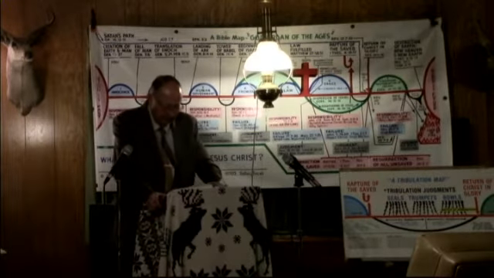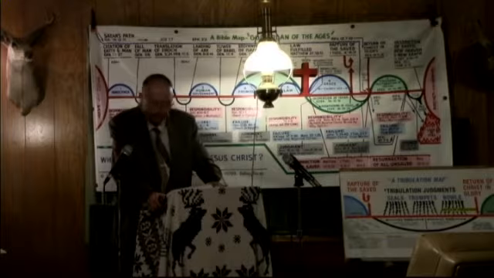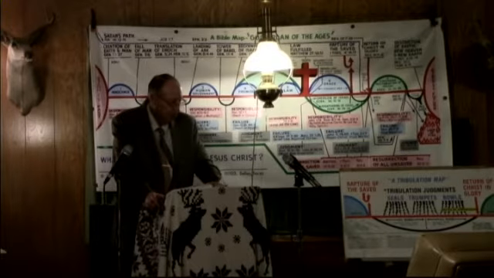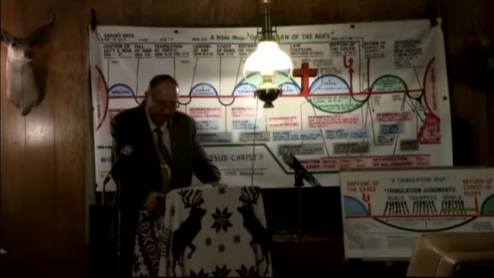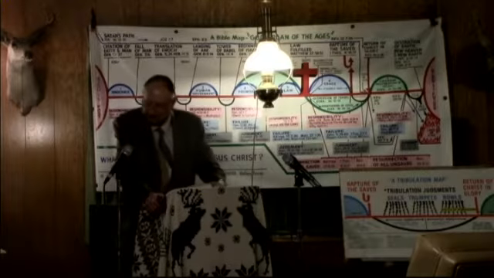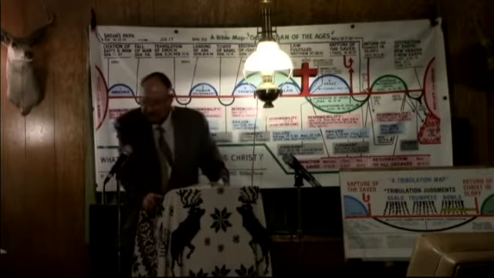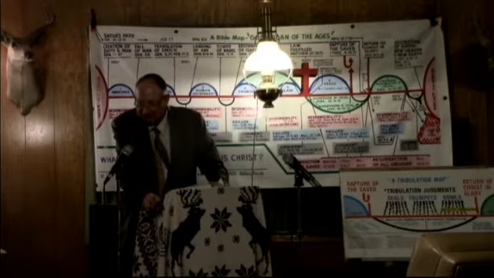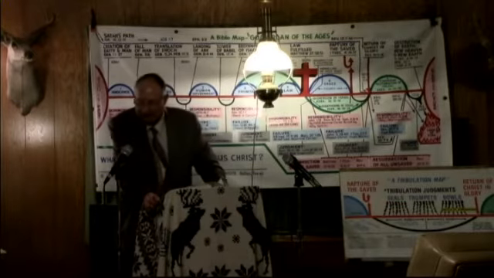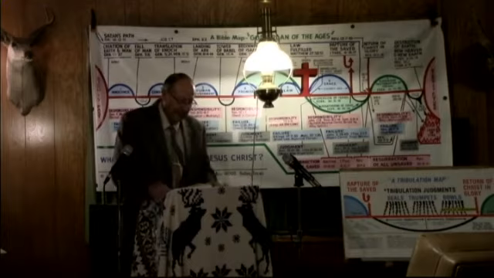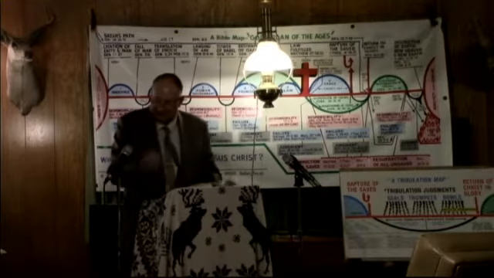Now, let's look at something before we go any further, because we haven't done this for a long, long time. How many verb stems are there in Hebrew that we look at all the time? Do you remember? Seven. In biblical Hebrew, it's seven.